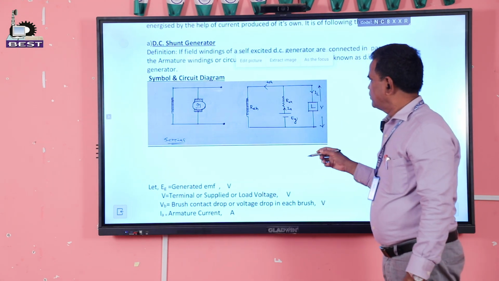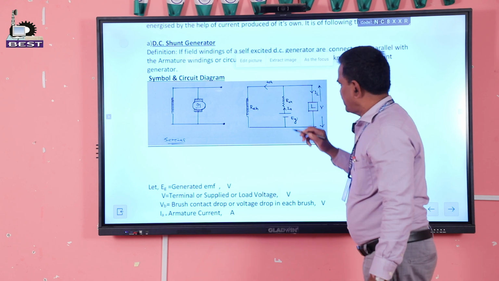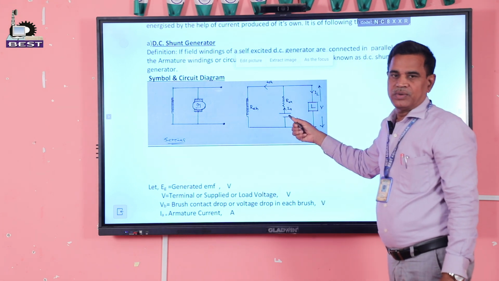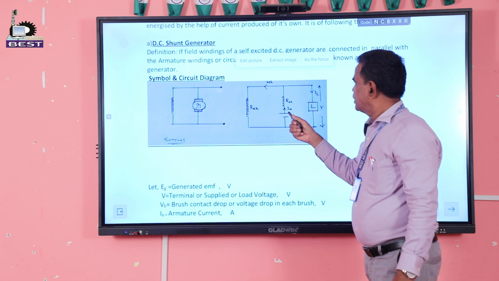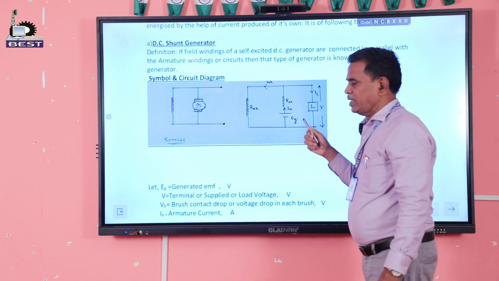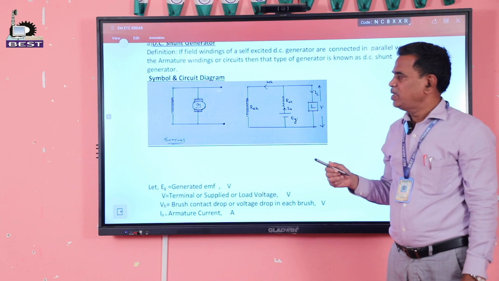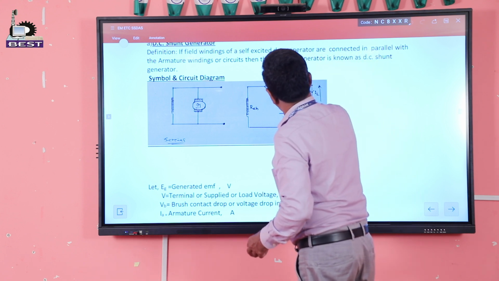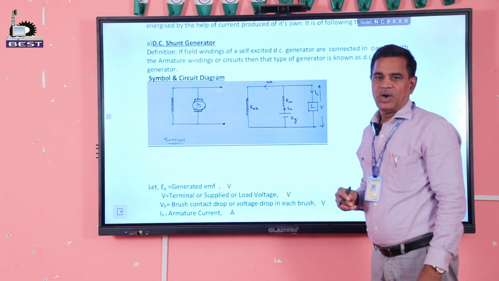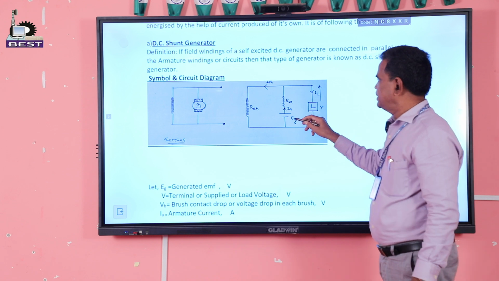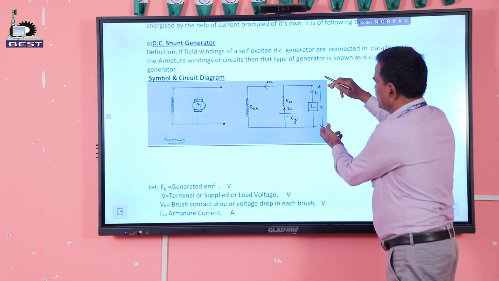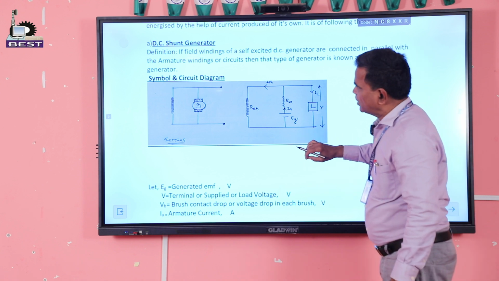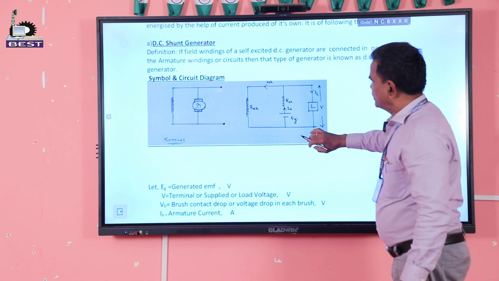Applying KVL to this loop, we have Eg is equal to IaRa plus 2Vb plus ISH into RSH, or we can also write Eg is equal to V plus IaRa plus 2Vb. This is the equation for the DC shunt generator.